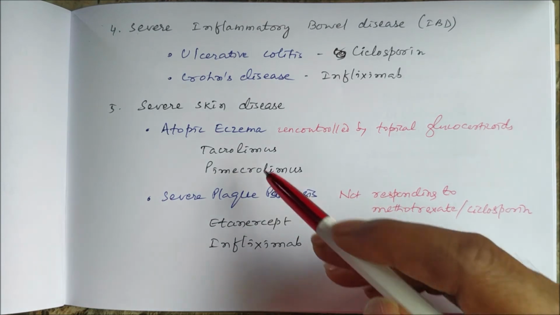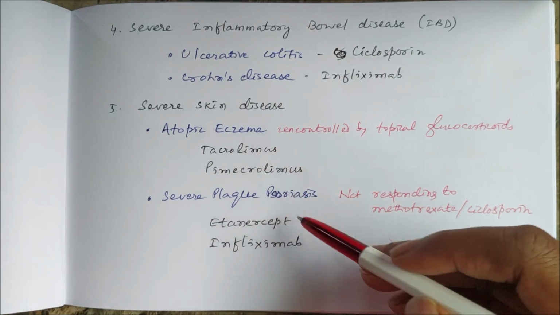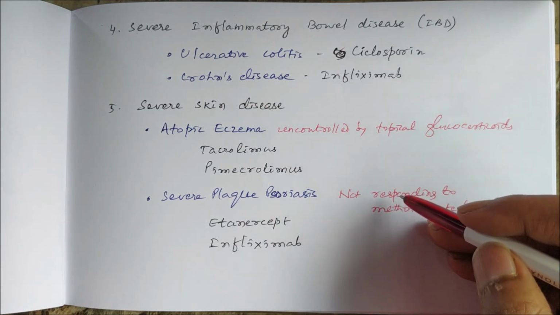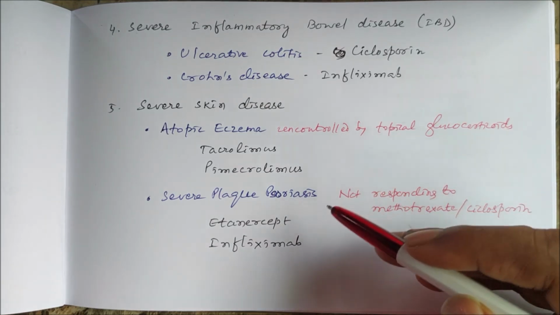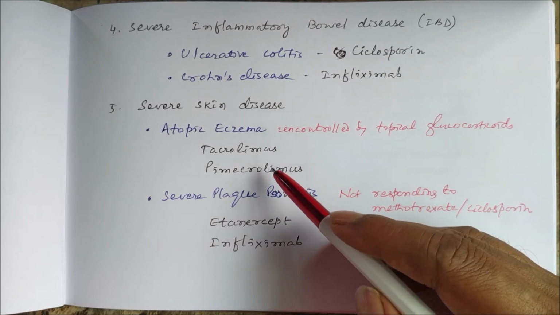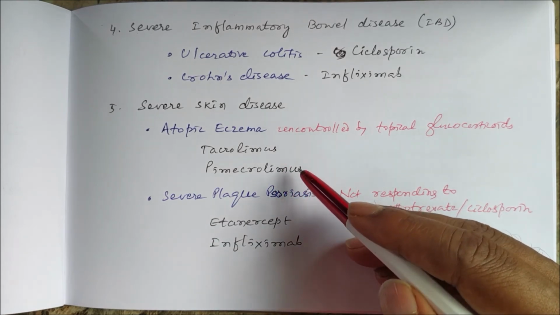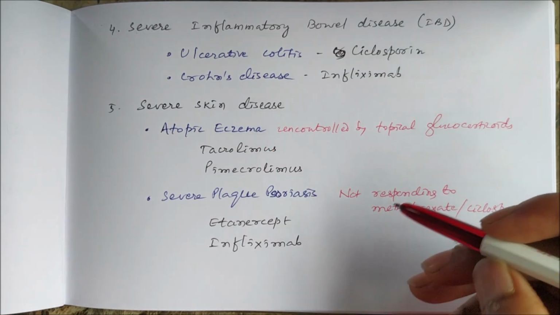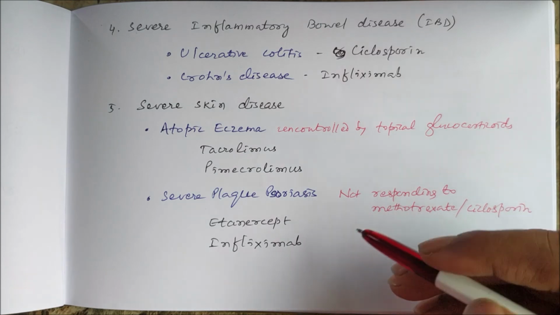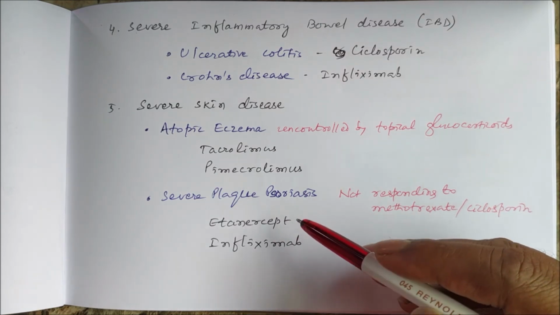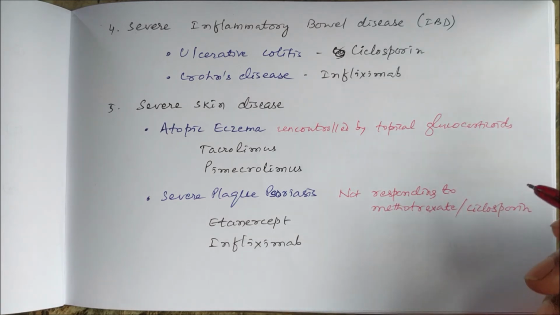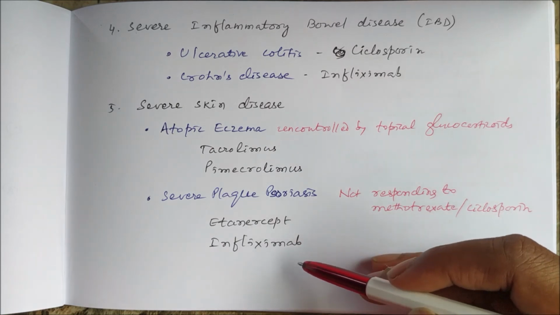Then in case of severe skin diseases like atopic eczema and severe plaque psoriasis, we can also use immunosuppressants. Tacrolimus and pimecrolimus can be used for atopic eczema which is uncontrolled by topical corticosteroids or glucocorticoids, and for very severe plaque psoriasis which has failed to respond to methotrexate or cyclosporin, we can use drugs like etanercept, infliximab.